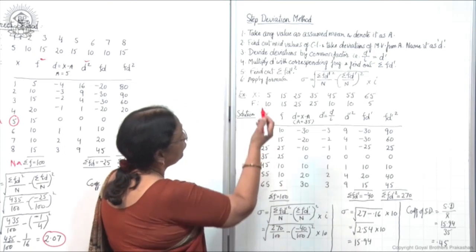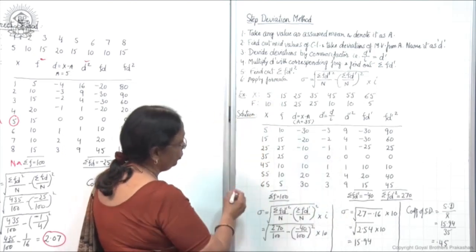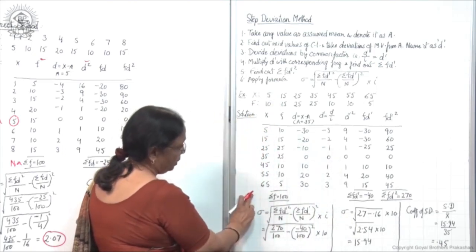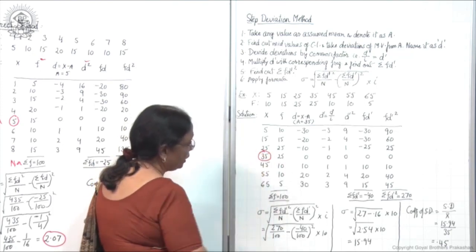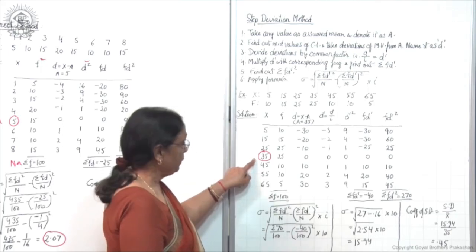Then you have to take any value from the x column as assumed mean. The central value is somewhere here, so this will be the assumed mean.